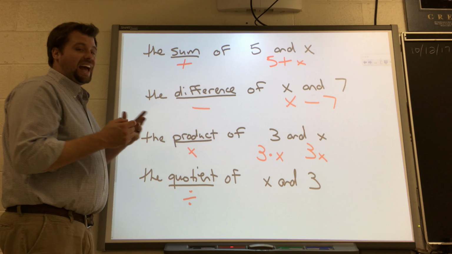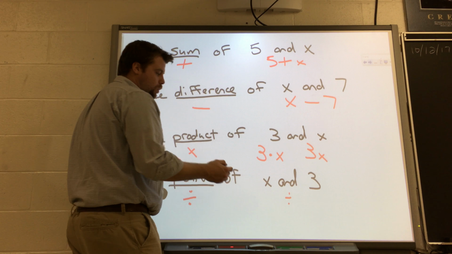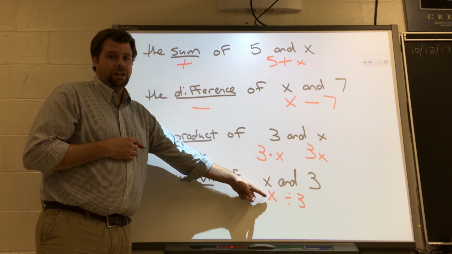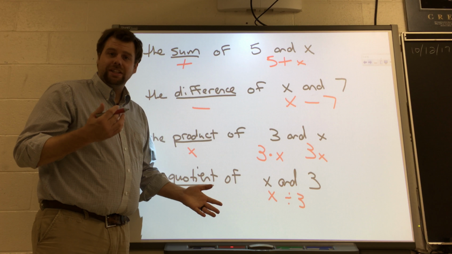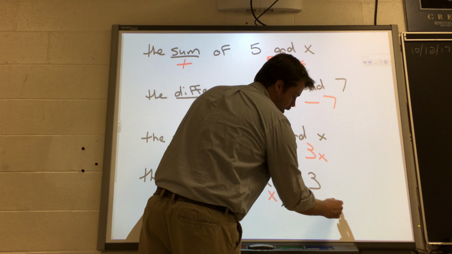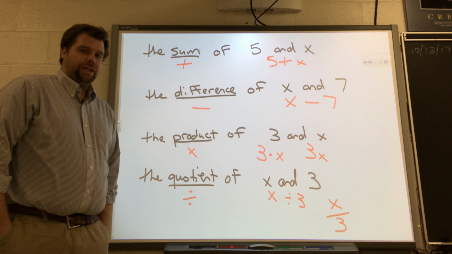The quotient of x and 3. And represents division, right? Now, when you start getting into algebra, we don't really write division like that anymore. When you normally see division, it's written as a fraction. So the quotient of x and 3, x divided by 3, is like that.